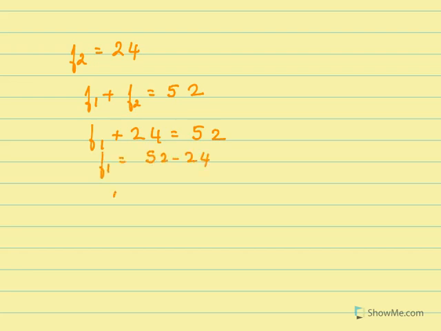F1 plus 24 equal to 52, so F1 is 52 minus 24, F1 is 28. So for the answers, your F1 is 28, your F2 is 24.